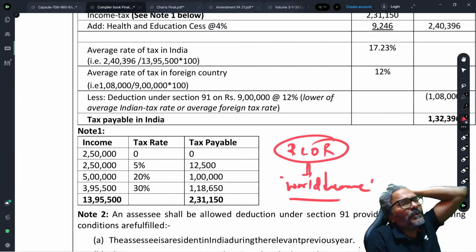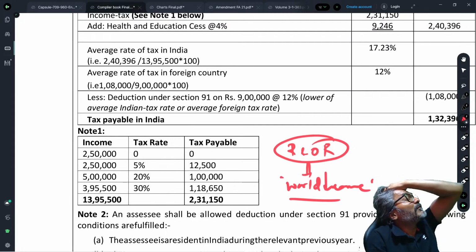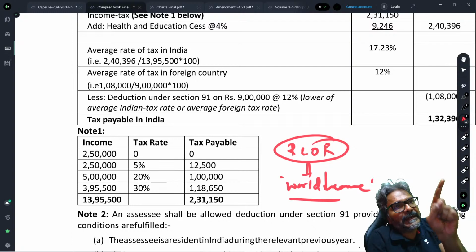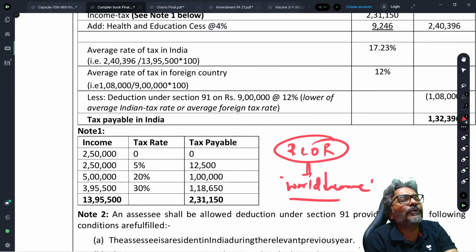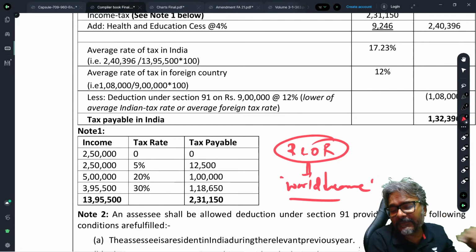If they are giving you the foreign income which will form part of the scope of total income in the foreign currency, that is in dollars, then be very, very careful.